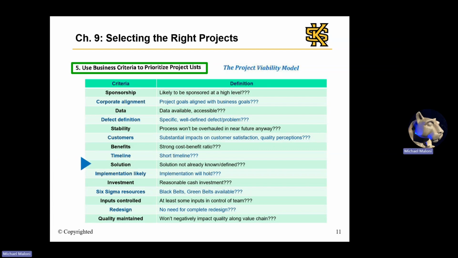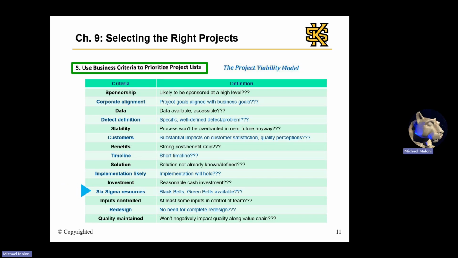Next is solution. Is the solution already known and defined? And implementation likelihood. Will the implementation and changes hold after we're done? Next is investment. Is the cash investment reasonable? And then we see Six Sigma resources.